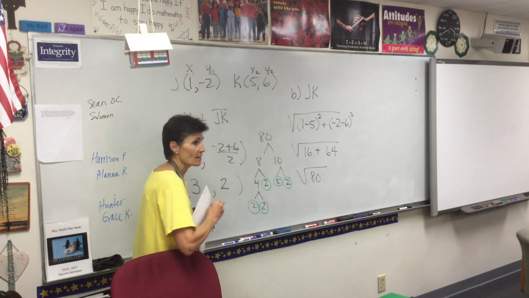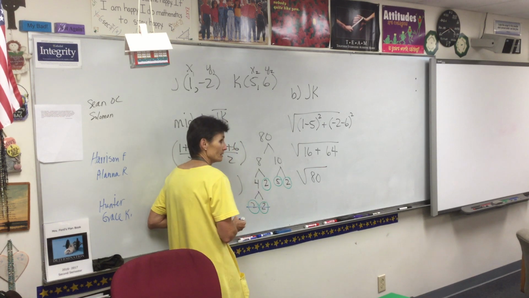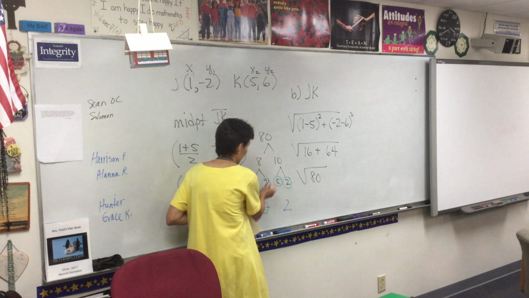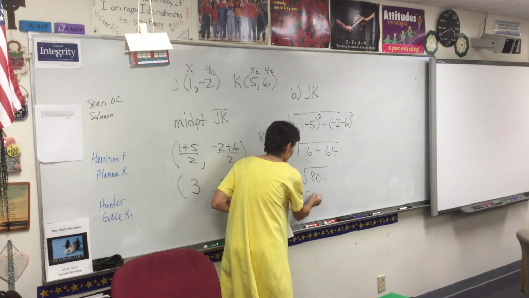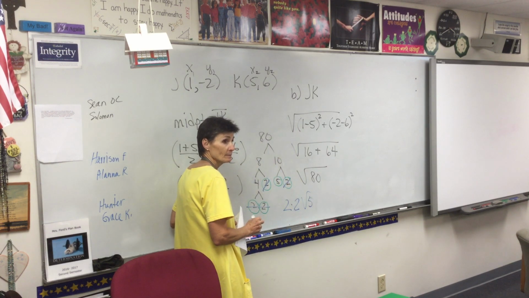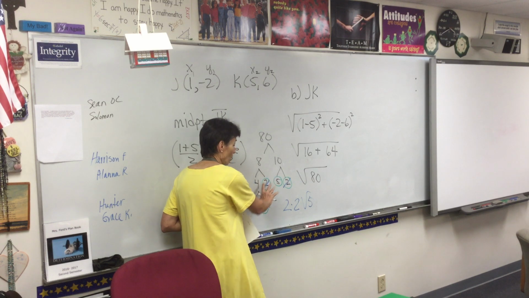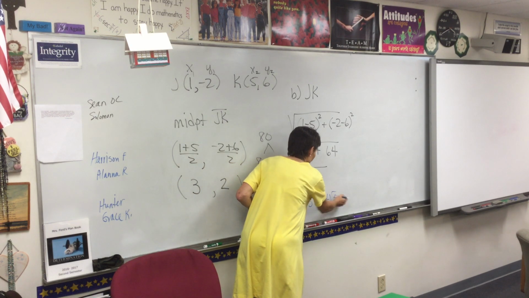So those are the numbers I'm looking at. Every group of 2 comes out. So a 2 comes out. Another 2 comes out. And the only thing left is root 5. This is a factor tree. Everything is multiplied. So you're going to multiply these, and the answer is 4 root 5.